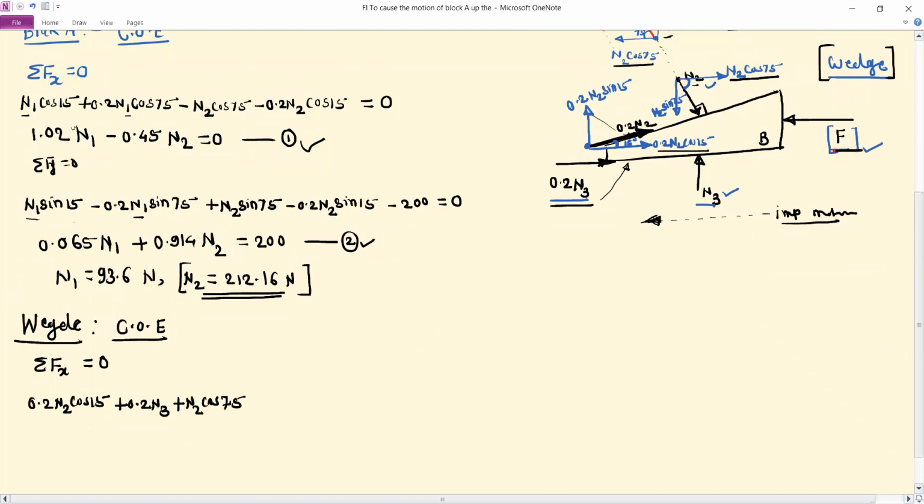And minus f, it is on the negative side. So minus f, this is equal to 0. So in this equation, you can take this common n2 and get the coefficient. Sorry, n2 is known, so just put the value of n2.